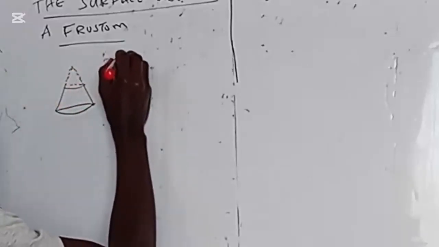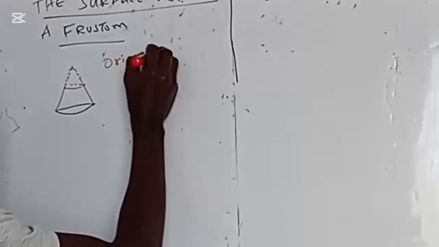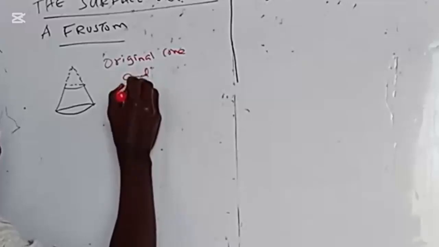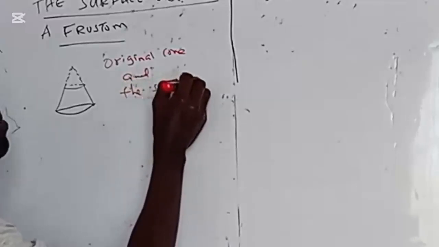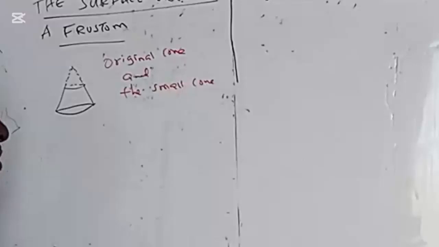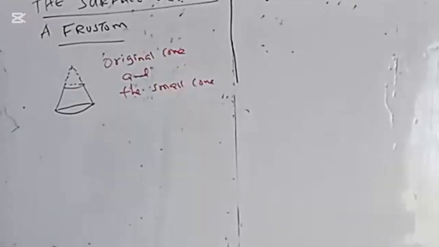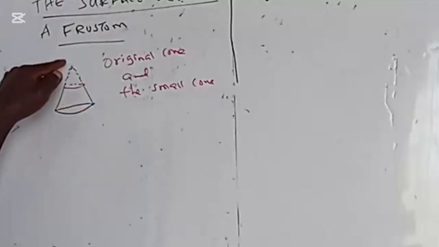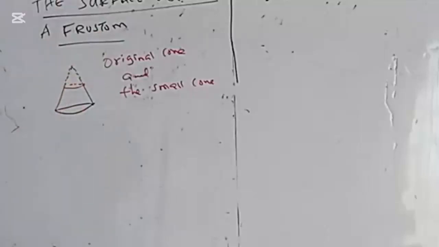We have to consider the original cone and what we call the small cone. If we look at the difference between the original cone, the whole of it, minus the one that we have removed, we are left with this part. So it's basically working on cones, but with a little tweak here and there to help us in getting this.